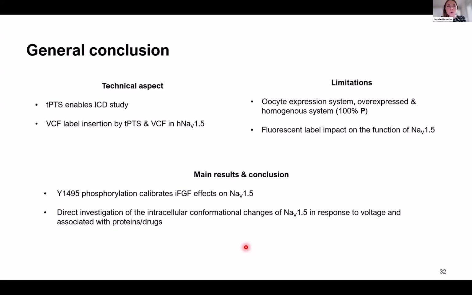I'm not sure that it slows the C-terminal domain motions, but what we see from the molecular dynamic simulations is that it increases the relative distances that the C-terminal domain can adopt versus the D3D4 linker. But in terms of kinetics, I don't know the kinetics of this interaction.